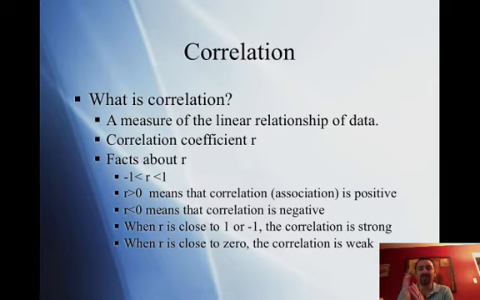If it's near +1, it's almost a perfect straight line, but going up. When R is close to 0 on either side, the correlation is weak. That's all we can say: strong, strong, weak, and which direction in general the data is moving. And remember, it's a strong linear fit. It doesn't tell you anything about a curve, if there's some kind of weird curve in there.